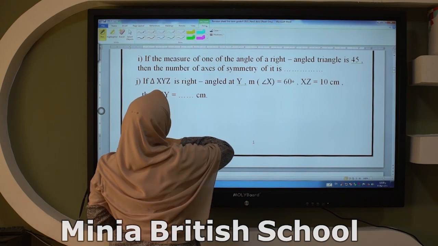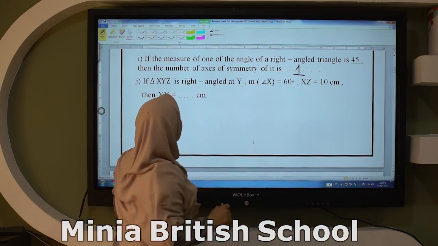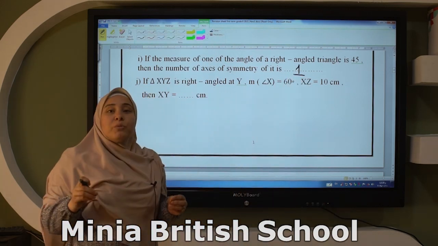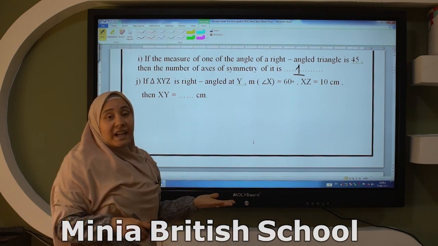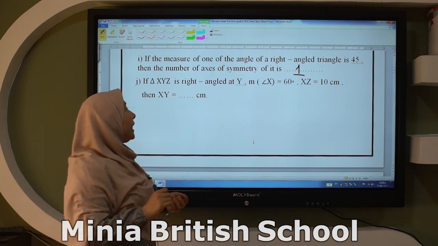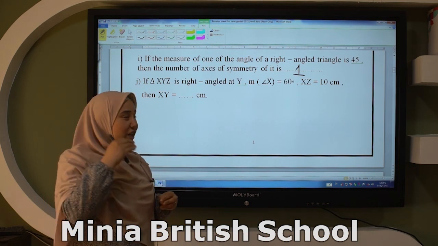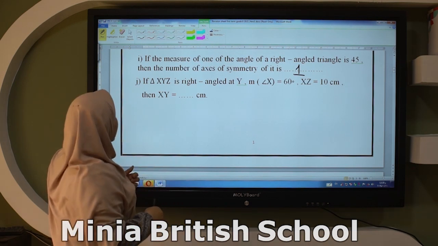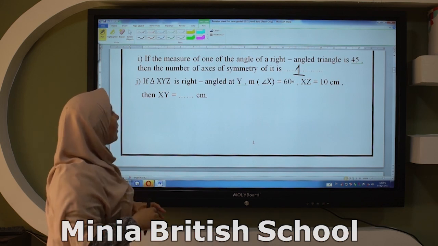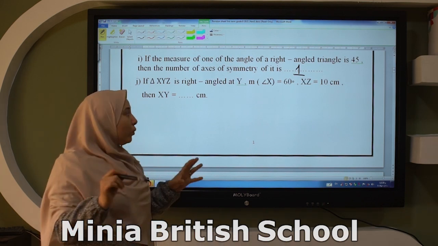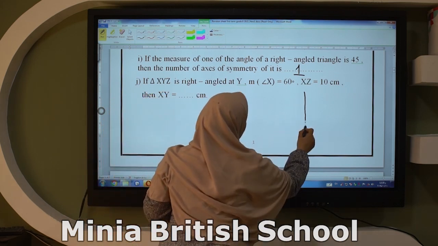The number of axes of symmetry for a scalene triangle is 0, and for an equilateral triangle is 3.